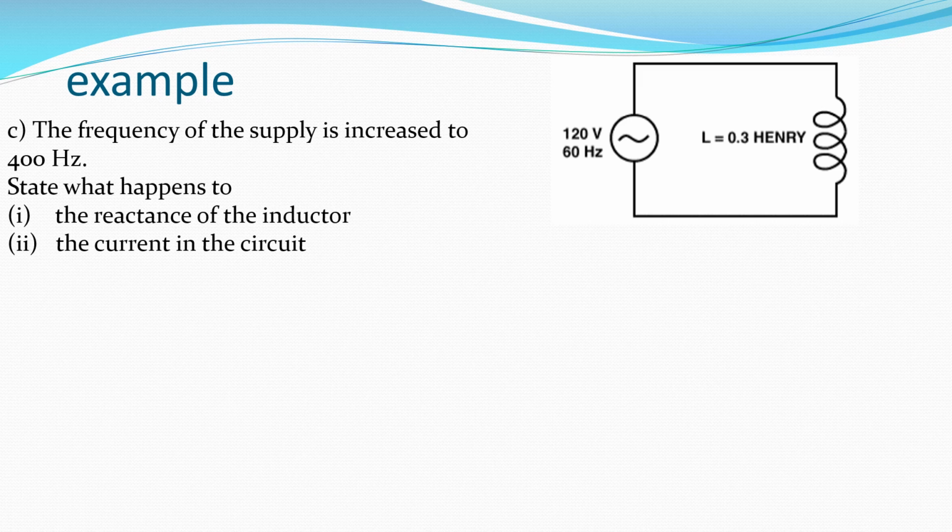Let's look at our equation. The inductor reactance is equal to 2 pi FL. What this means is that the reactance of the inductor is directly proportional to frequency and directly proportional to inductance. So if the frequency has increased to 400 Hertz, that means XL, reactance, has also increased.